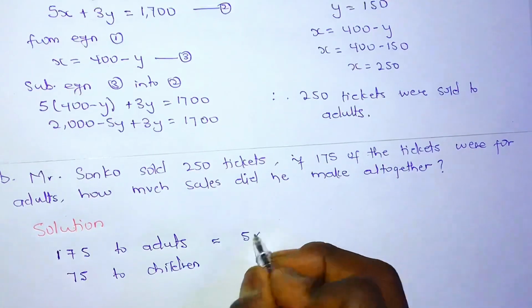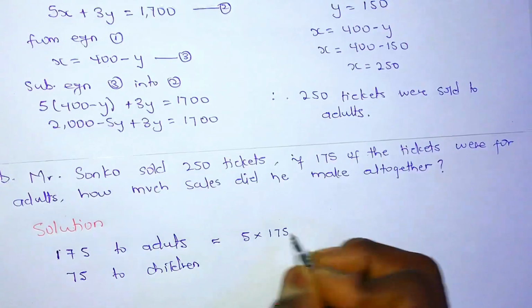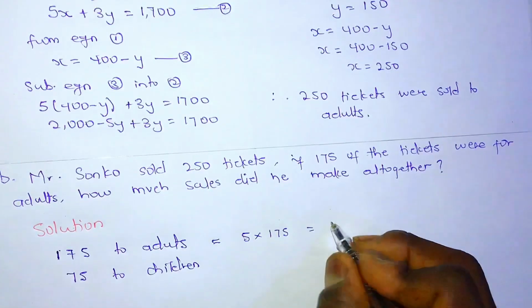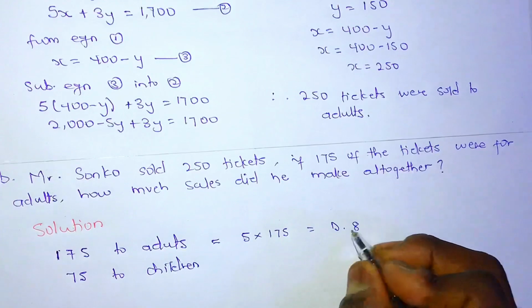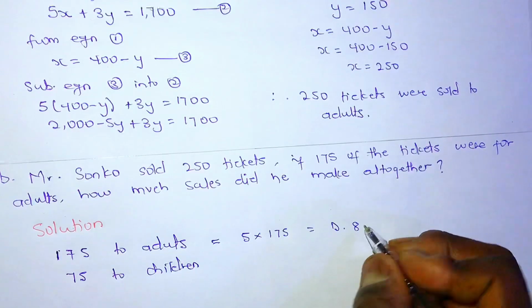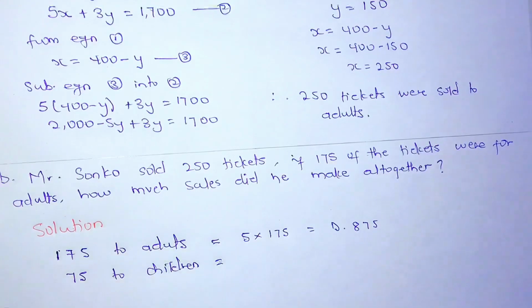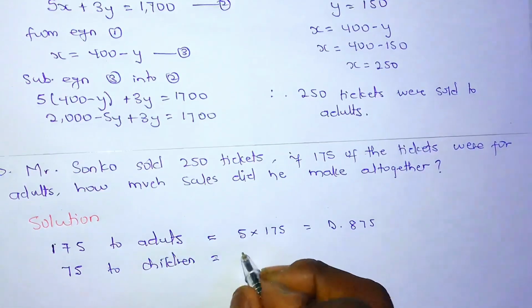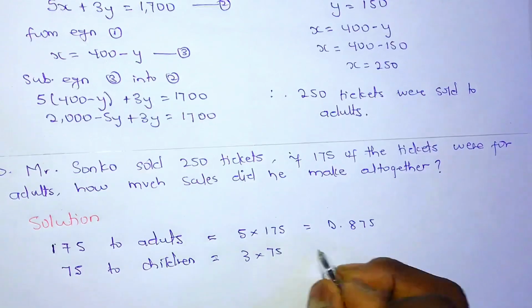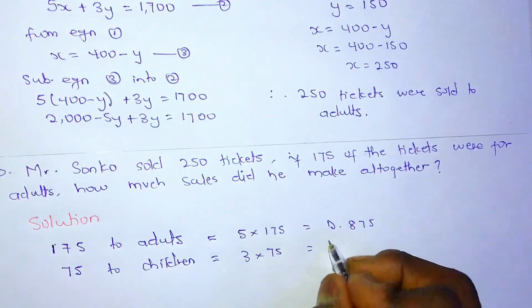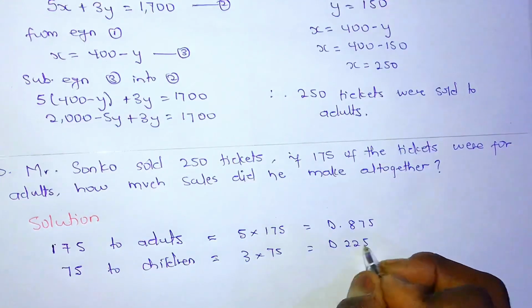So 5 times 175, and this is going to be $875, and a ticket to children is $3, so we get 3 times 75, and this gives us $225.